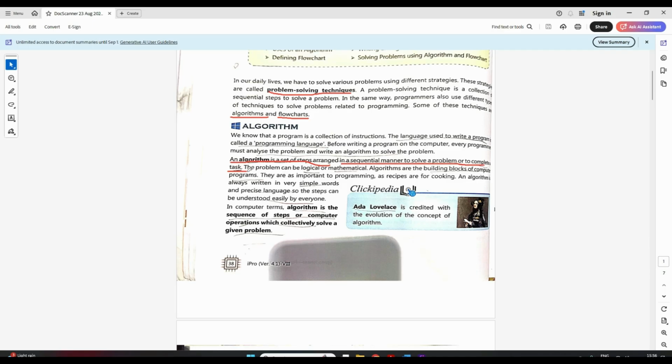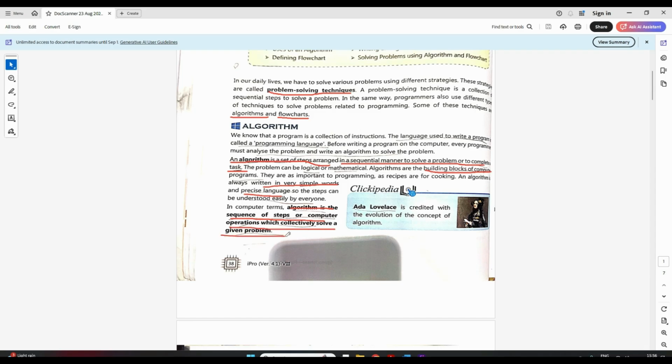An algorithm can be said to be the building block of computer programs. We write an algorithm in very simple English language which is easy for anyone to understand. Clear? So an algorithm is a sequence of steps or computer operations which collectively solve a given problem.